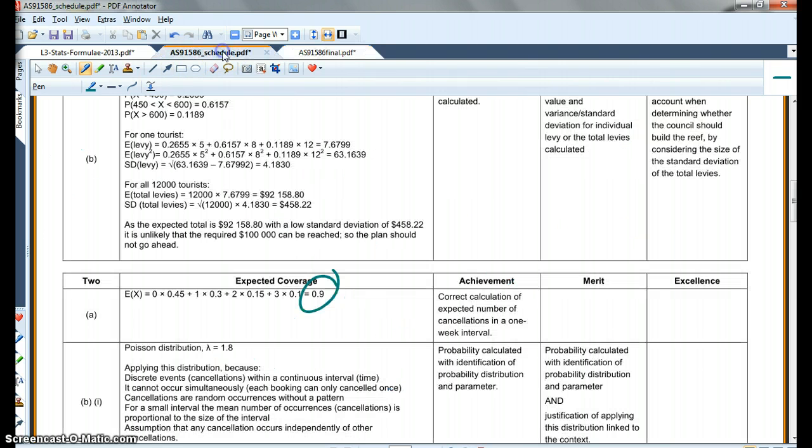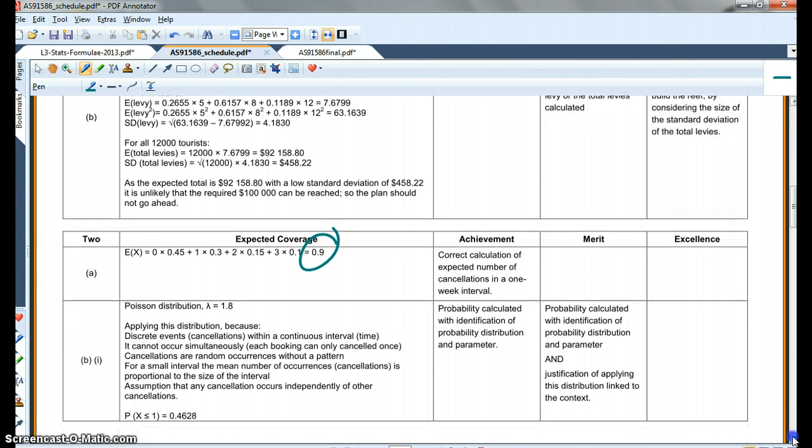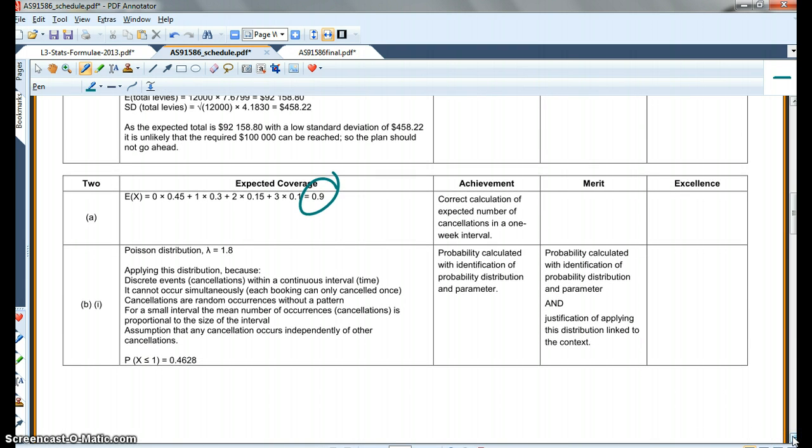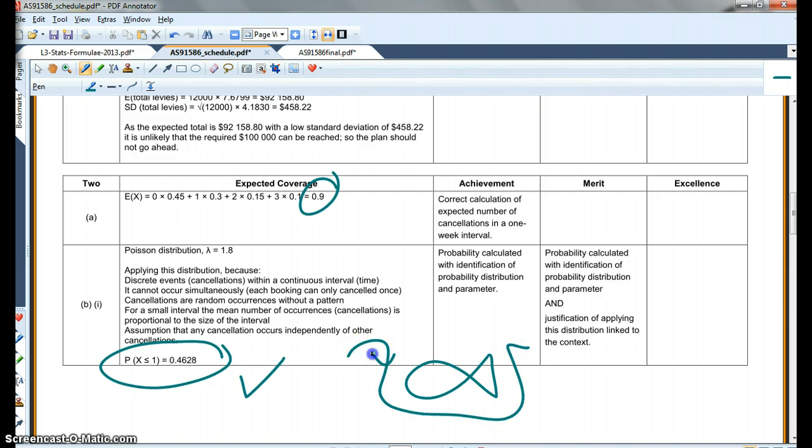And I'm just going to check on our schedule. Okay, so that's cool, but now the language. Apply this distribution because discrete events, cancellation within continuous time frame. So the discrete events are the fish, the continuous time frame, the water. We need to contextualize it to this question.